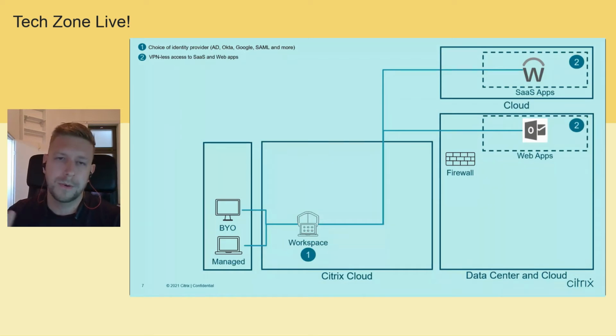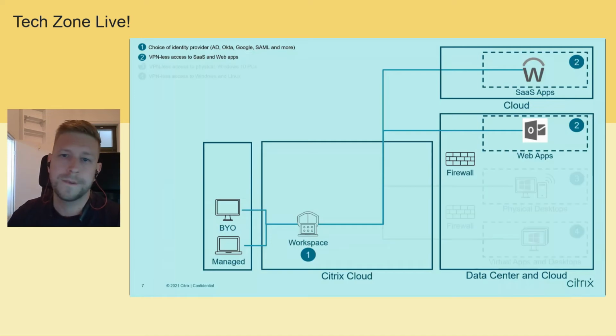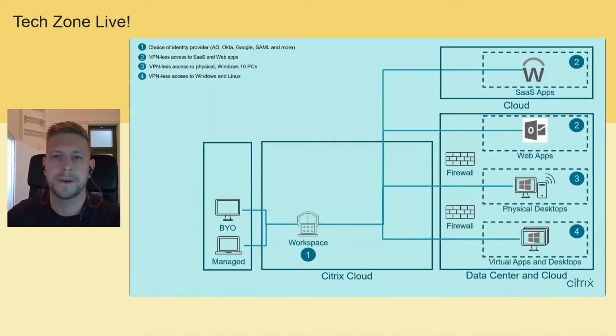So we proxy those, so to speak, through the Workspace, and we can provide single sign-on. But we also get, of course, security capabilities around these SaaS and web apps. And that's also what I'm going to show in the demo. And then also we might add your physical desktops, virtual apps and desktops on top of that to provide access to resources that your users might need as well, right? That is not SaaS and web-based apps only.